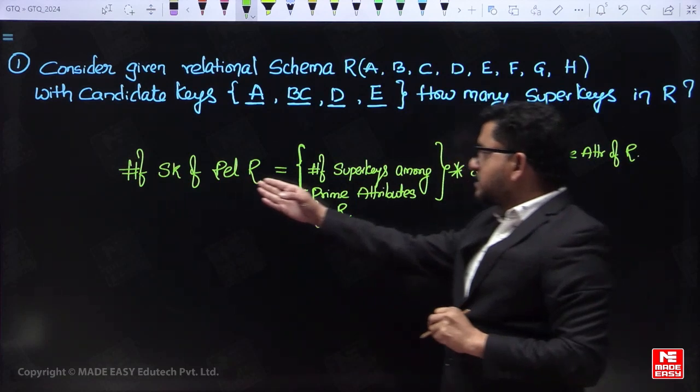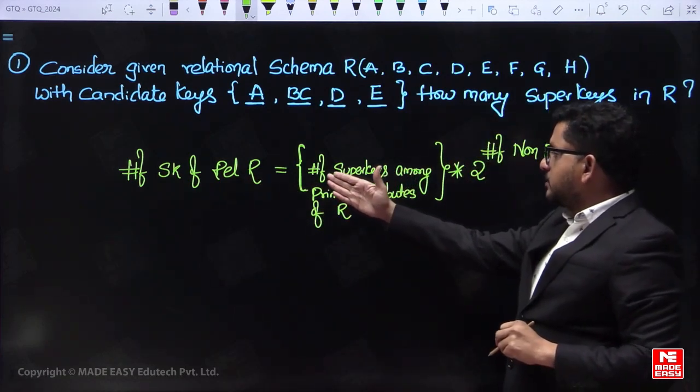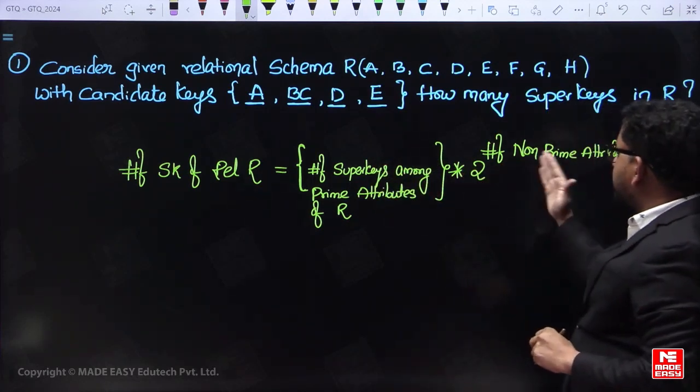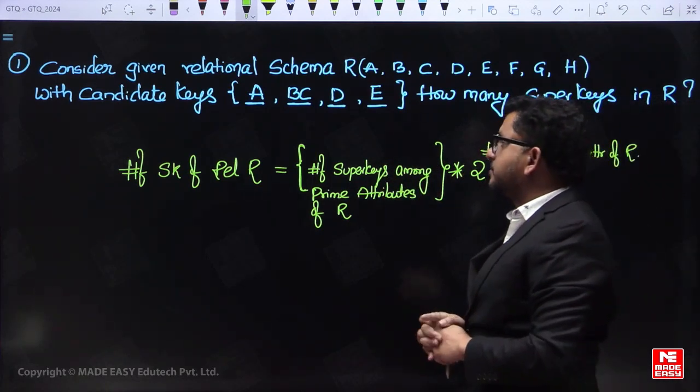It is the number of super keys among all the prime attributes of the relation, multiplied with 2 power number of non-prime attributes.